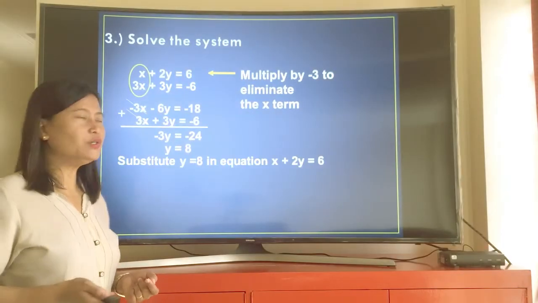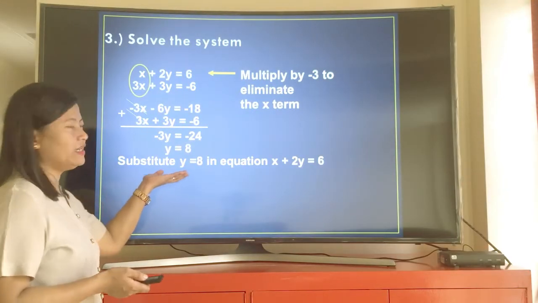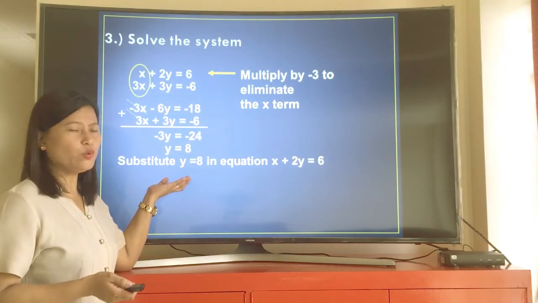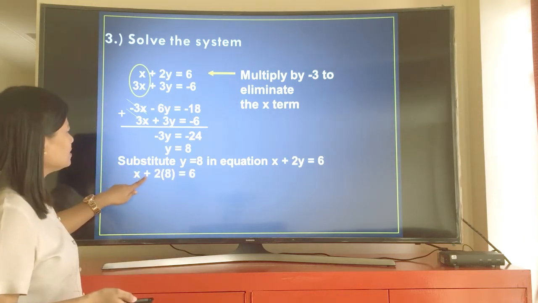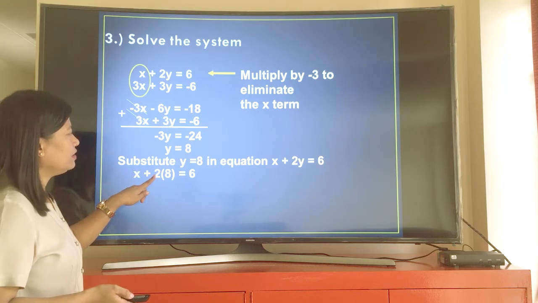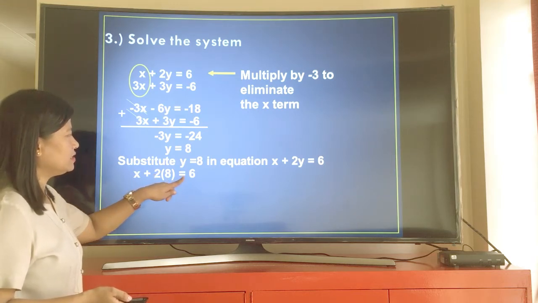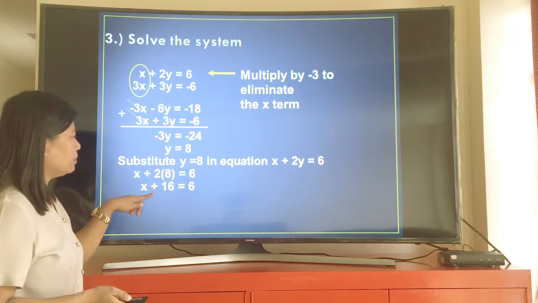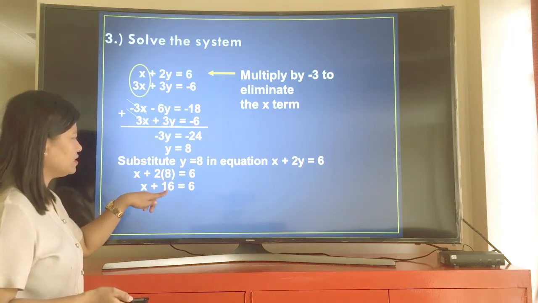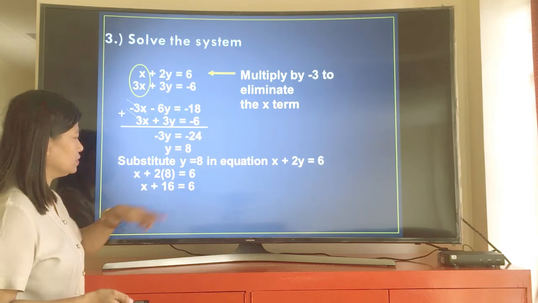So, substitute 8 for y in the equation x plus 2y equals 6. x plus 2 times 8, which is 16, is equal to 6.